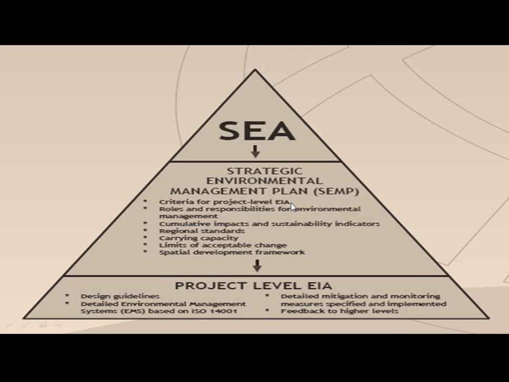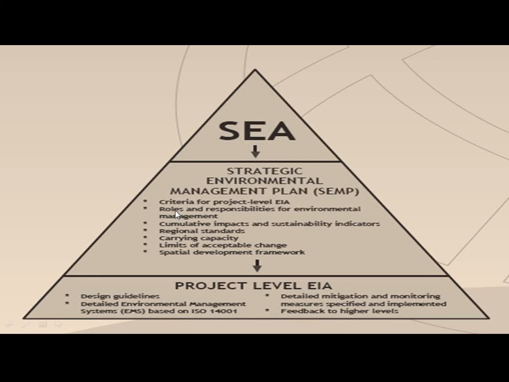So there are different criteria for project level EIA: roles and responsibilities, cumulative impacts, regional standards, carrying capacity, how much it can withstand, limits and acceptable change, and spatial development frameworks, how to develop overall. So this is the strategic level. At the lower level is the project level, because the strategic is the total plan, but inside it the small projects are components.